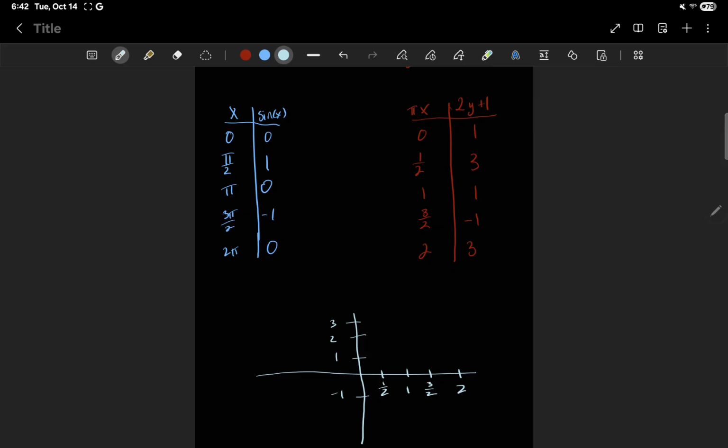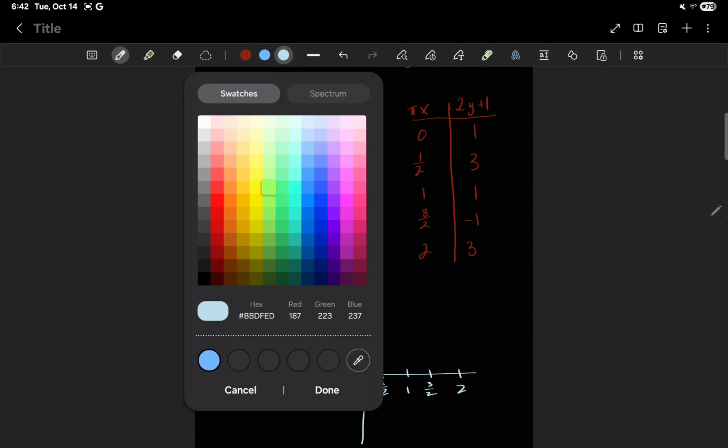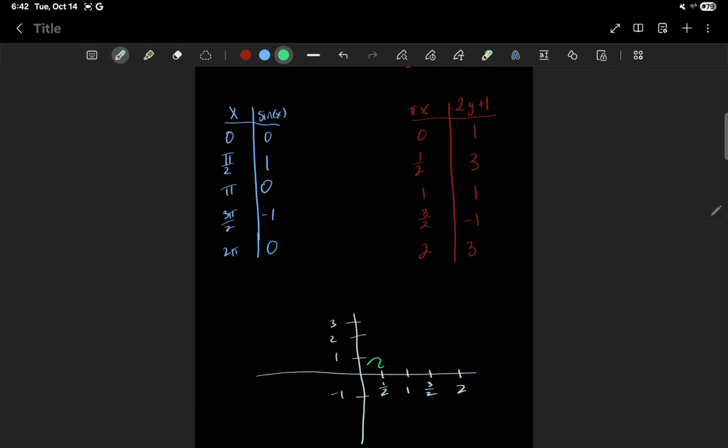And now we just need to plot our points. So we have 0, 1. And I guess I will do this in a different color. Let's do green. So 0, 1, that's that point right there. 1/2, 3. That point, 1, 1. That point, 3/2, negative 1, that point, and 2, 3.